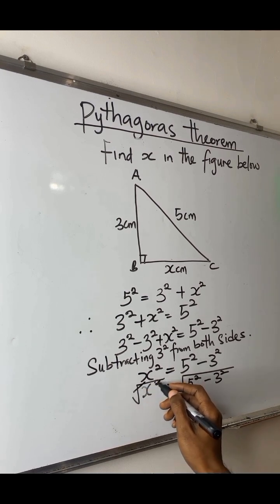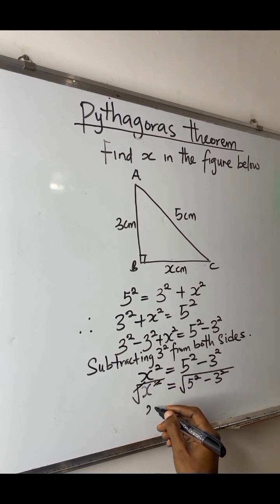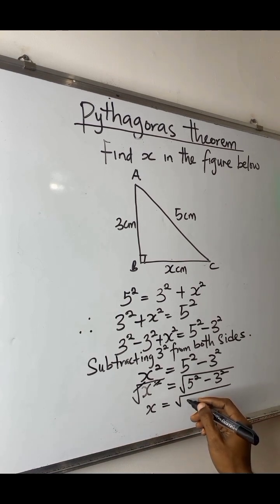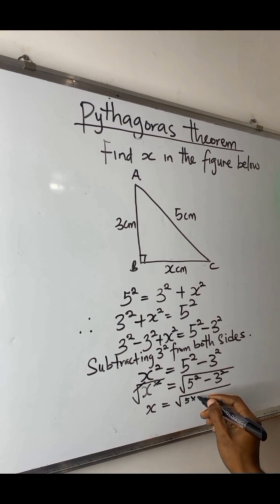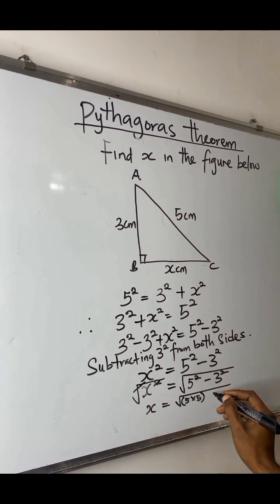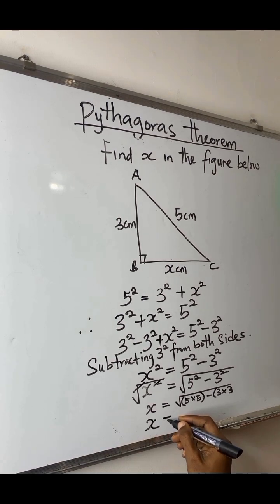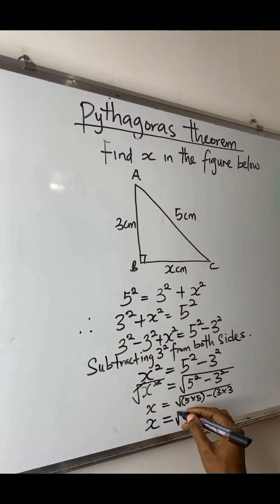Now, with that, we can move to the next step. Remember, in our last example, I told you that you introduce what is known as the square root. If you introduce square root on both sides of the equation, we're going to have root x squared at the left, and on the right-hand side, root 5 squared minus 3 squared.